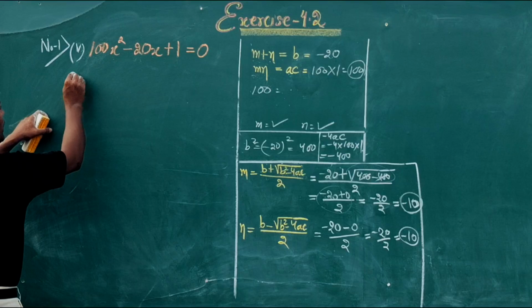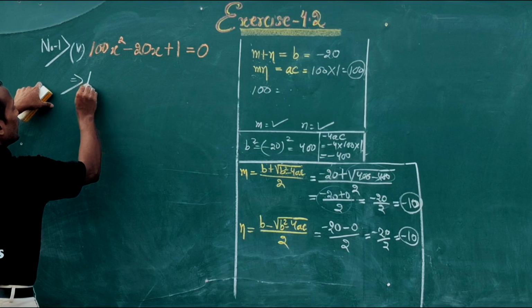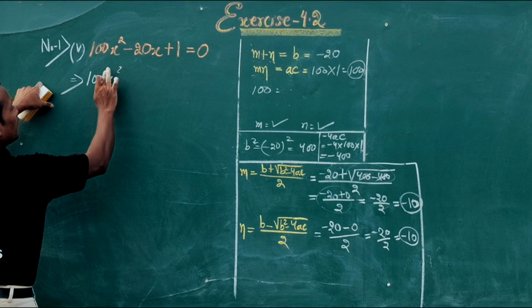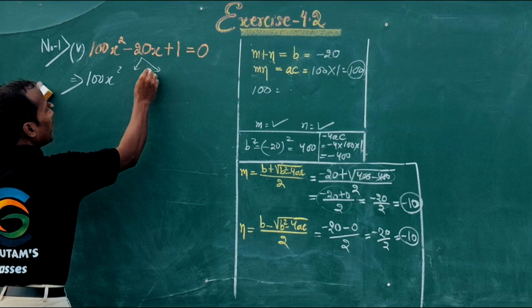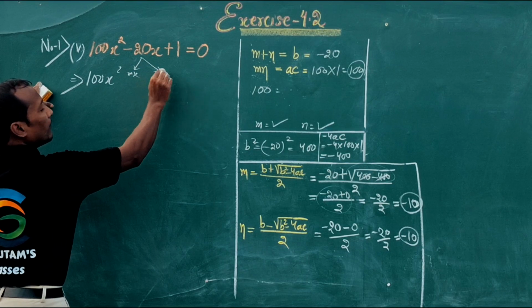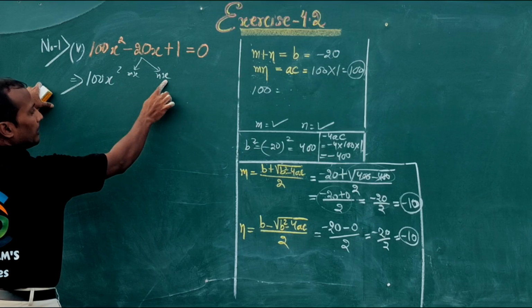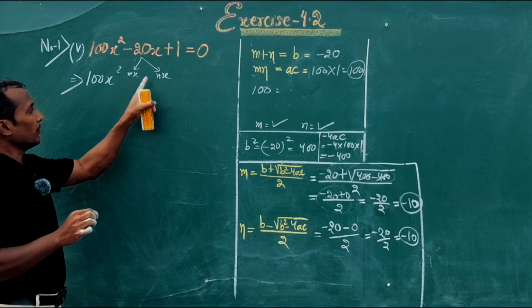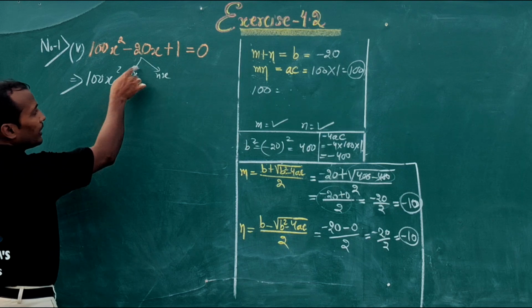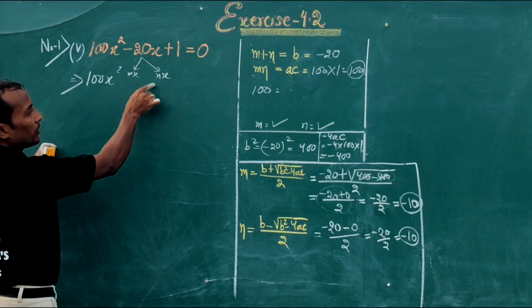Let us start factorizing. Let me split the middle term. 100x square will be kept as it is. Minus 20x will be split into two parts, and we shall write mx and nx as you know. You don't write this when you are doing it practically in your exam. You don't write mx and nx like this. I'm going to erase it and write again. To explain to you, I have mentioned it here.